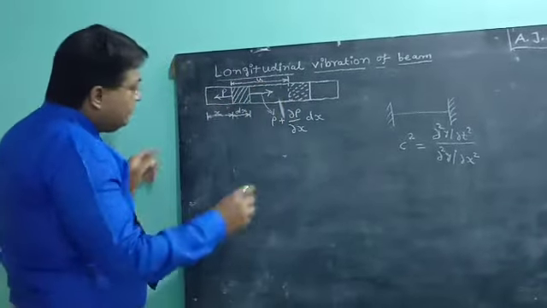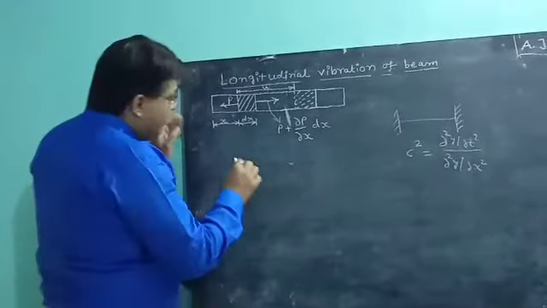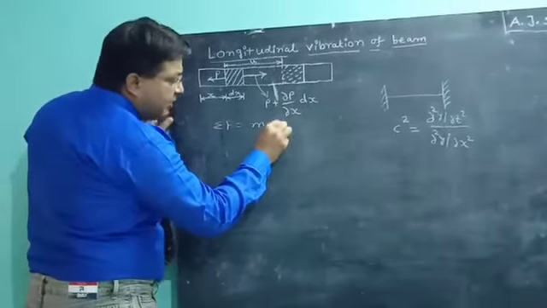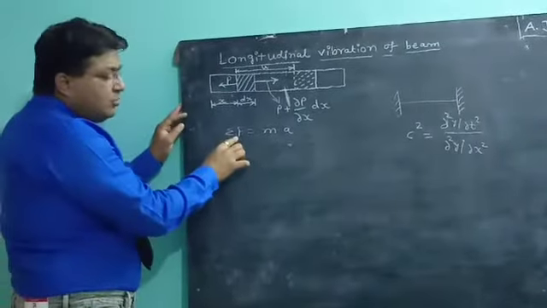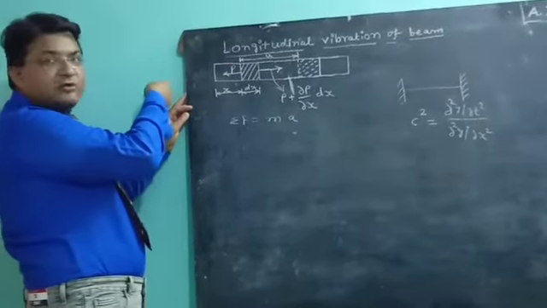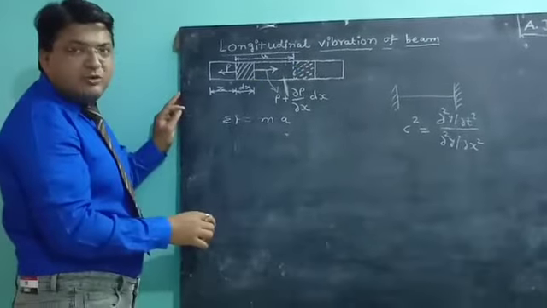Now applying Newton's second law, force sigma F is equal to mass into acceleration. This P is on the negative side and this load is on the positive x side.